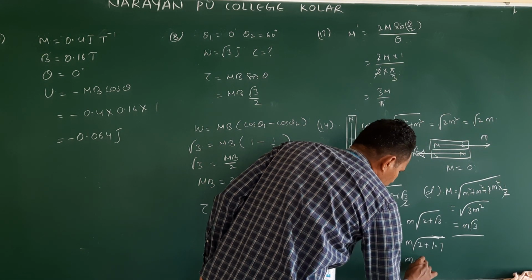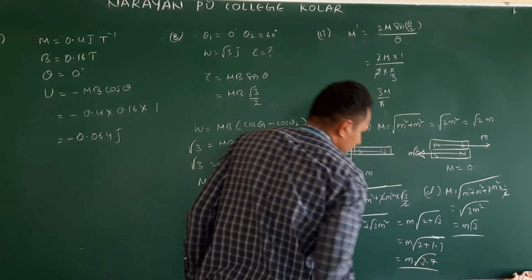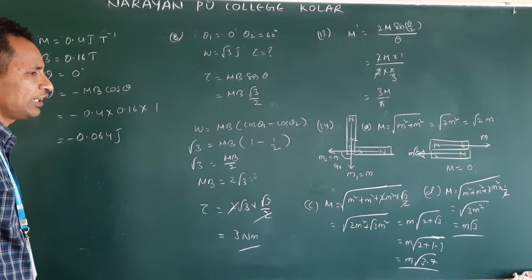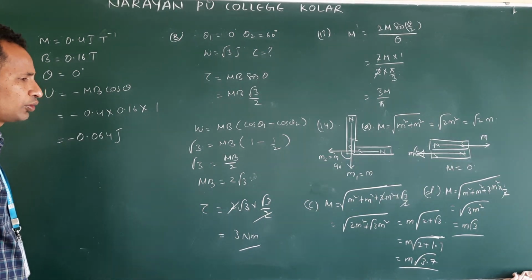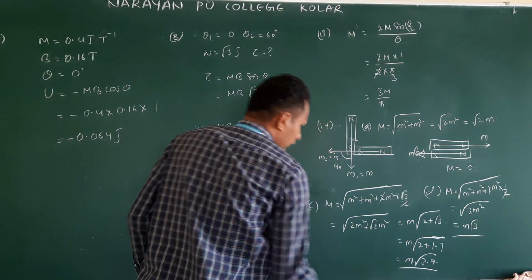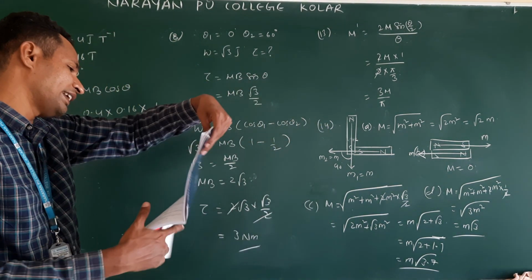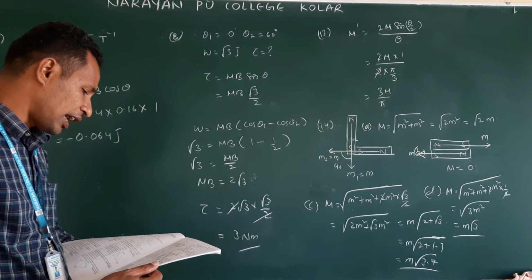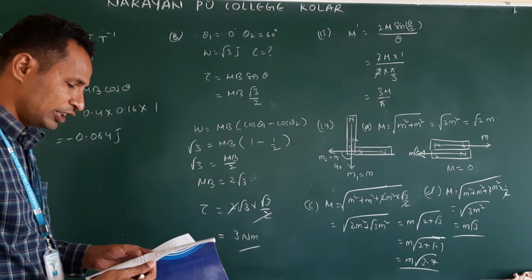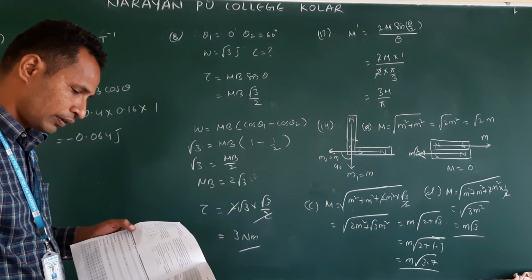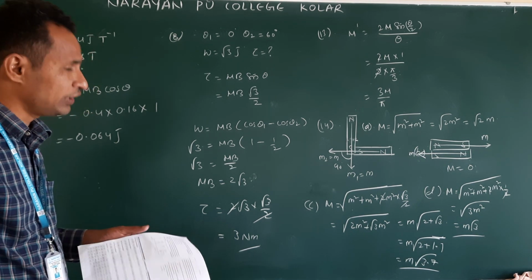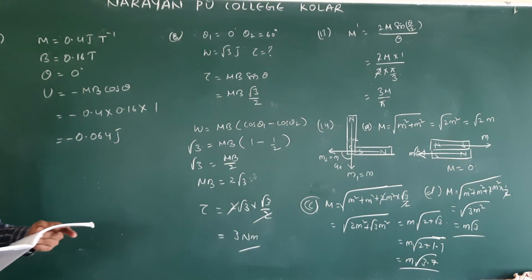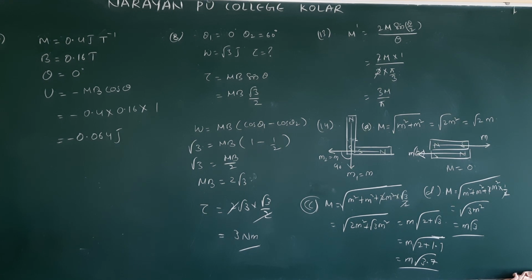So this is M into root 3.7. Which value is greater, root 3 or root 3.7? So M into root 3.7 is greater. They are asking for the greatest configuration, so option C is correct. So this configuration, C, has more magnetic moment. Okay.